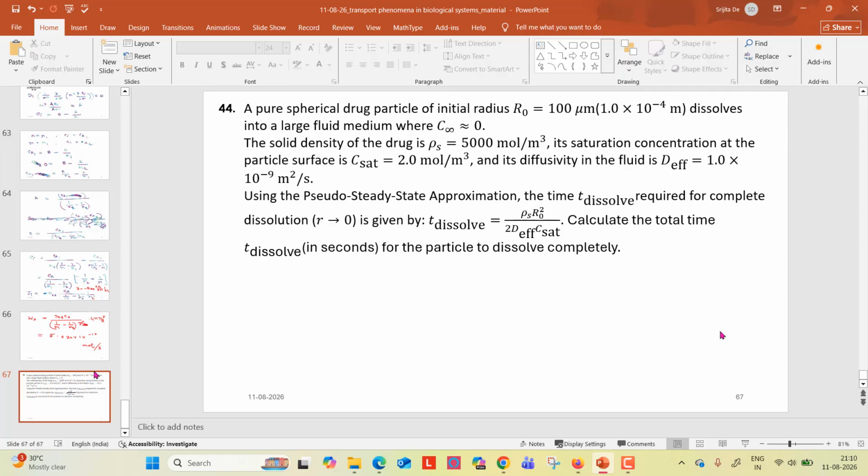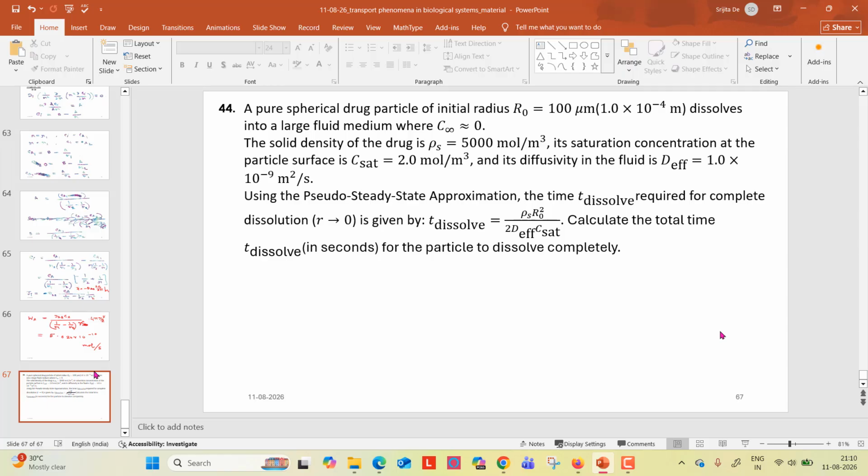Its saturation concentration at the particle surface is Csat, and its diffusivity in the fluid is D effective. Using the pseudo steady state approximation, the time T dissolve required for complete dissolution is given as, calculate the total time for the particle to dissolve completely. So you have to just put the values, nothing else.